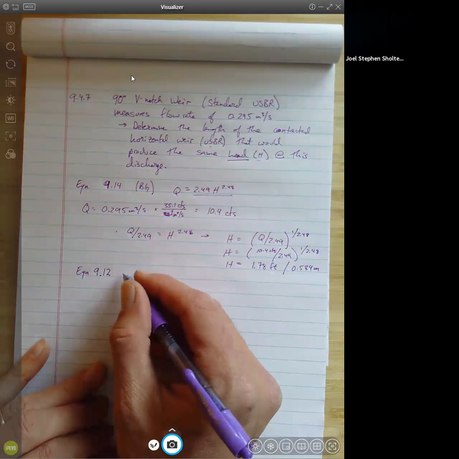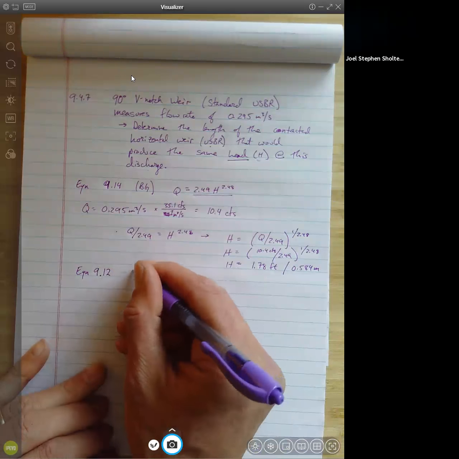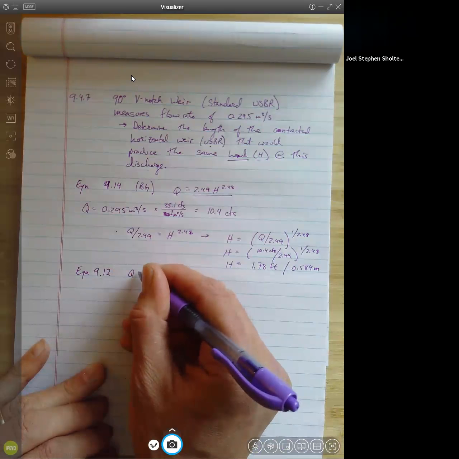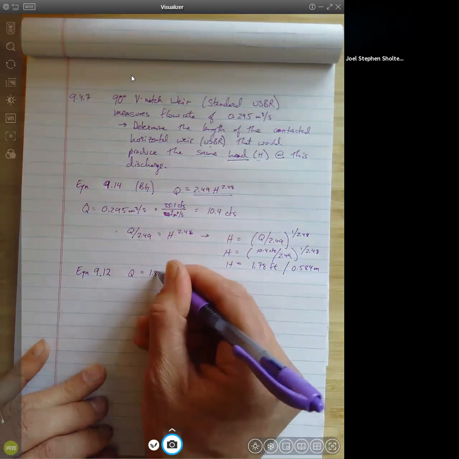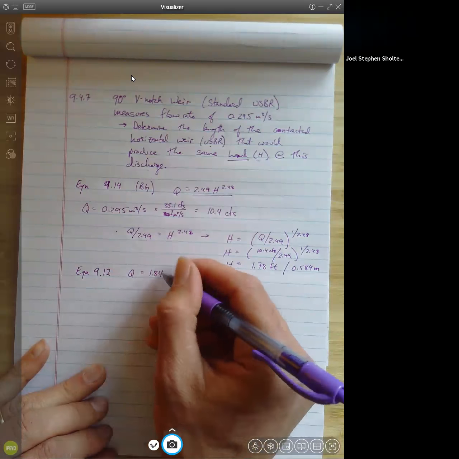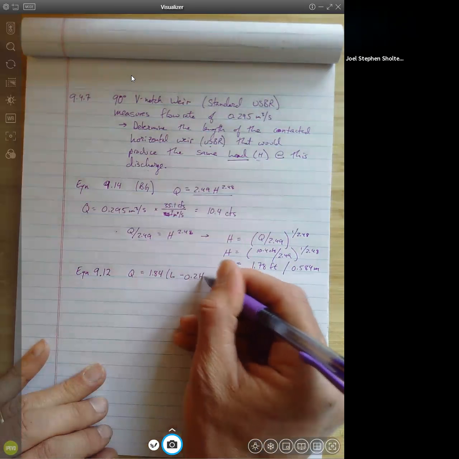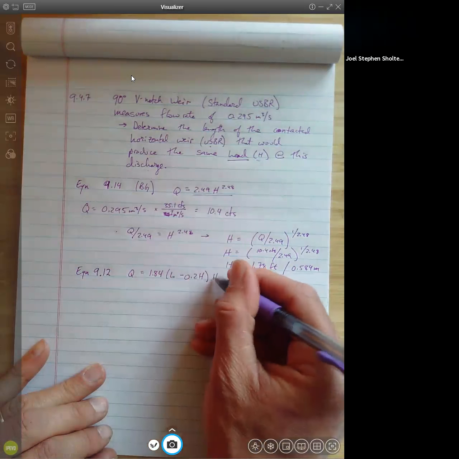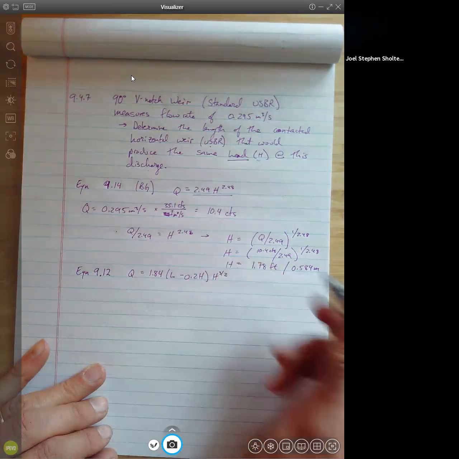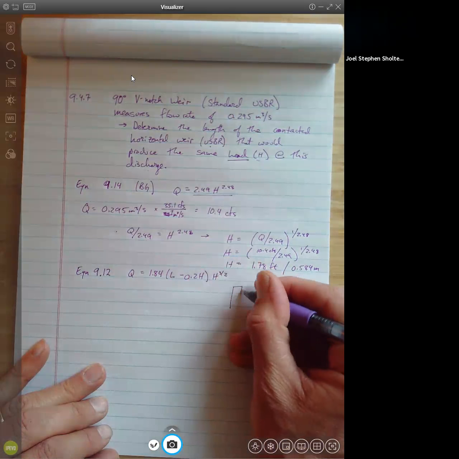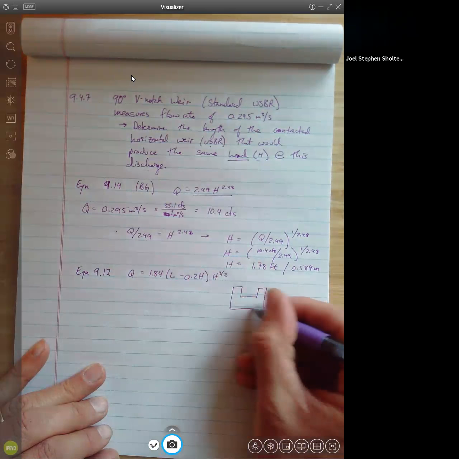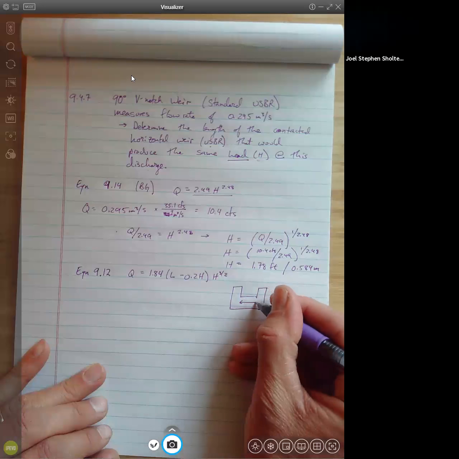And that says that Q is equal to 1.84 times the length of that contracted weir, L minus 0.2 H, times H to the 3 halves. This is our weir equation. This is what the weir looks like, and this is our L.